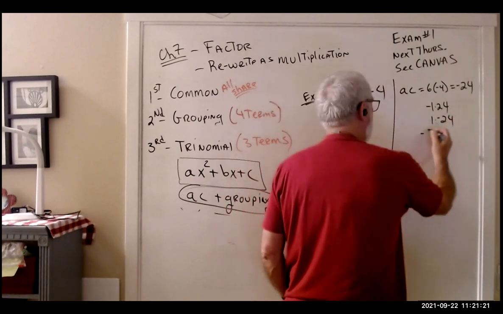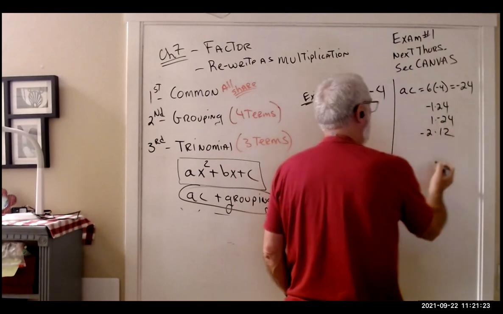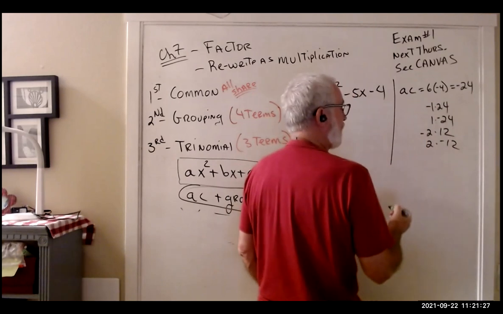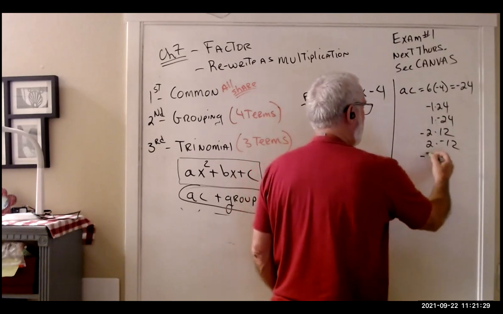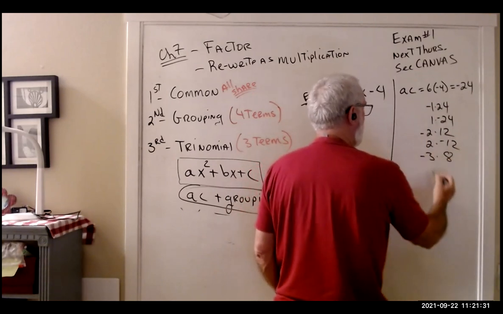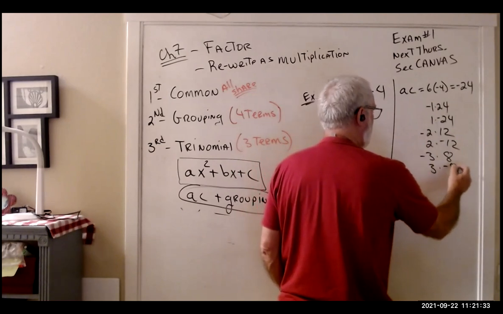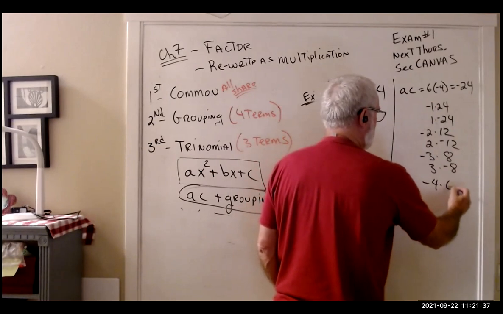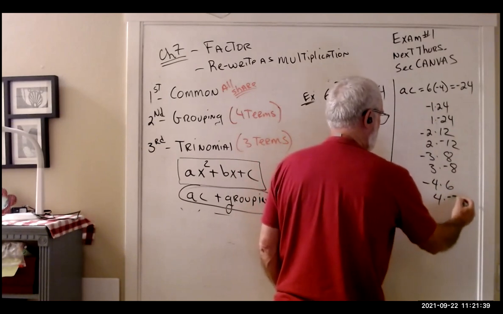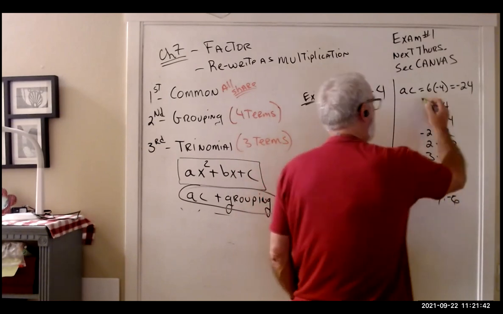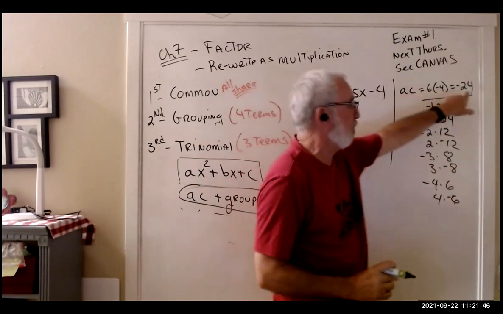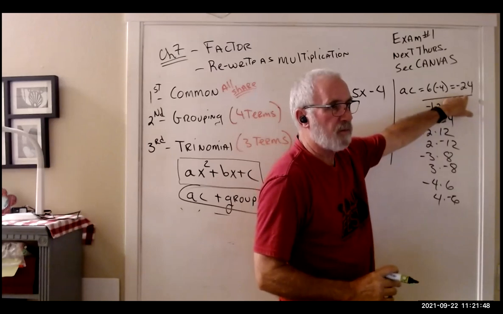It could be -2 times 12, or 2 times -12. You just keep running through your multiplication tables. It could be -3 times 8, or 3 times -8. Or it could be -4 times 6, or 4 times -6.